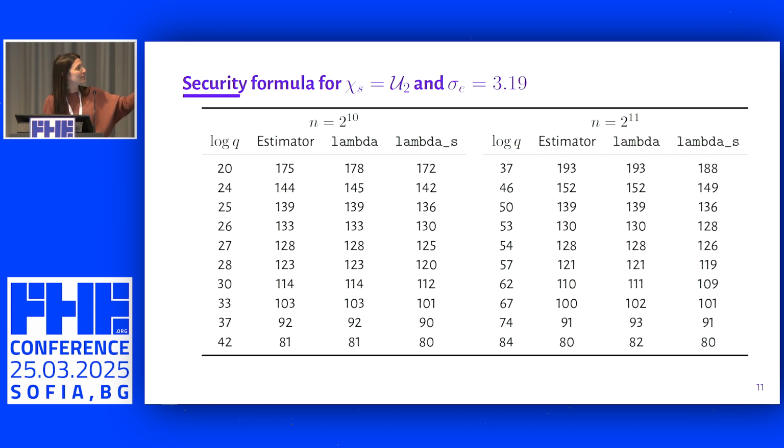The column with the estimator is the outcome of the lattice estimator. The column with lambda is the result of our previous formula, and lambda S is the result of the second, simplified one. And as you can see, the results are really close, or actually exactly the same.